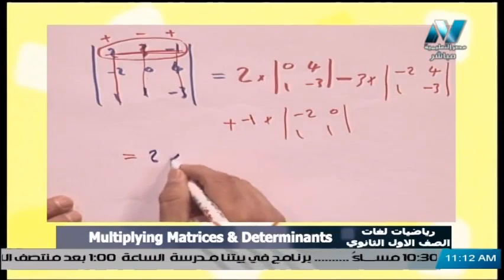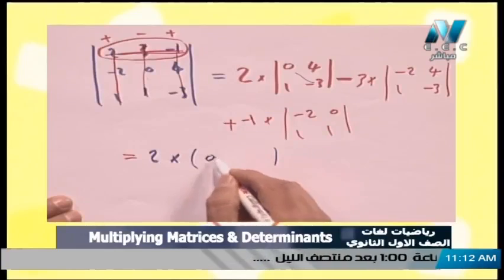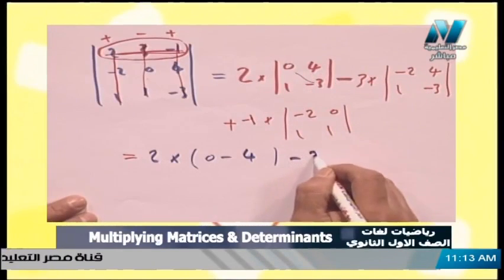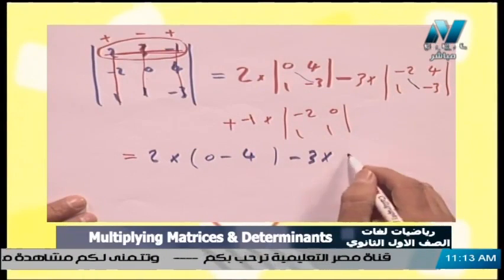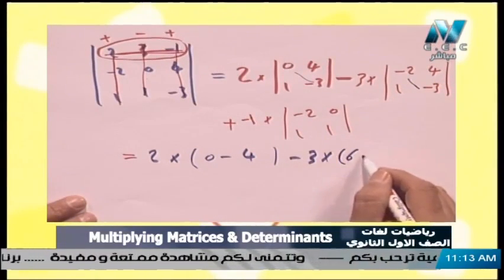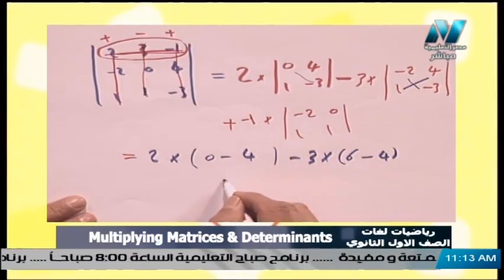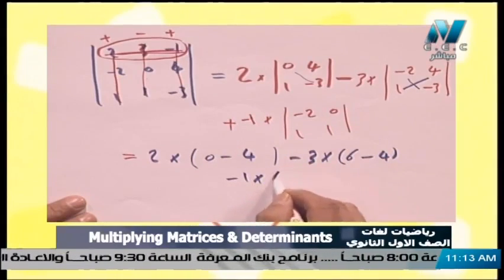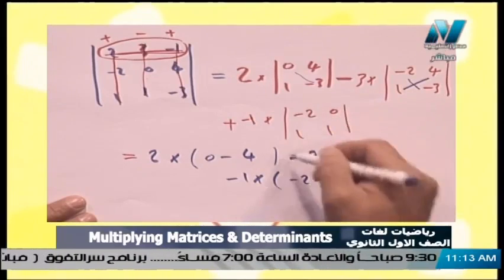2 times what? 2 times 0 times negative 3 equals 0, minus 1 times 4 equals 4, minus 3 times negative 3 times negative 2 equals 6, minus 4, plus negative 1 times negative 2 times 1 equals negative 2 minus 0.